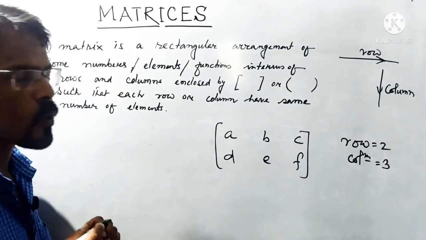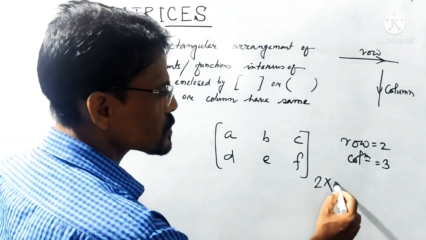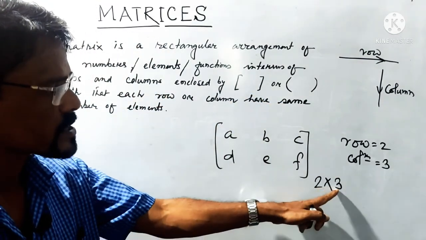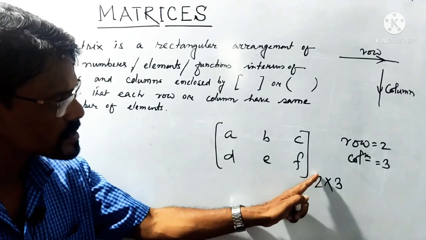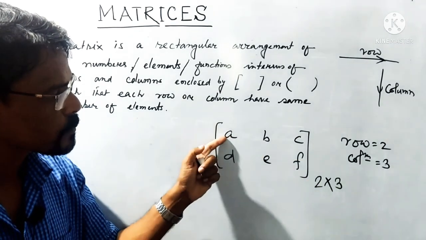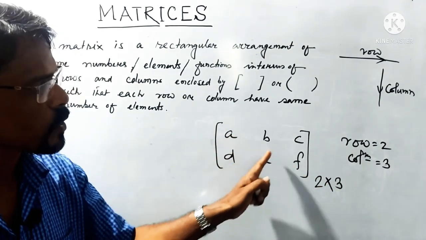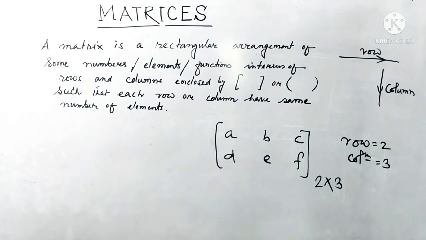That's why its order is defined as 2 by 3. 2 into 3, write 2 into 3, but you have to read it like 2 by 3. So its order is 2 by 3. You remember, the first number always represents the number of rows and the second number always represents the number of columns. So this is called the order of a matrix.